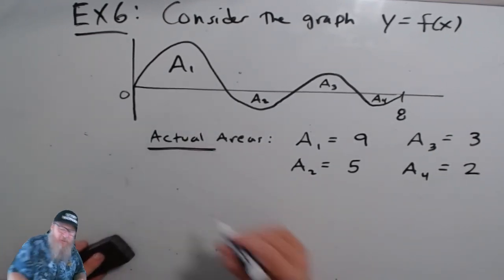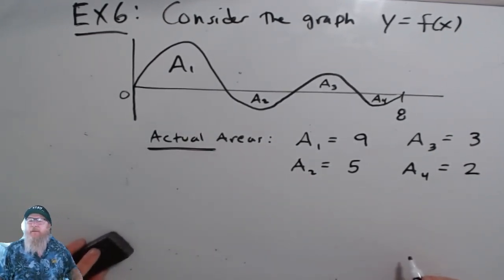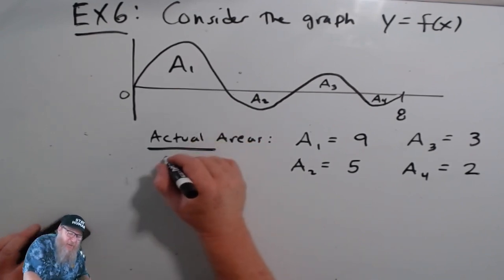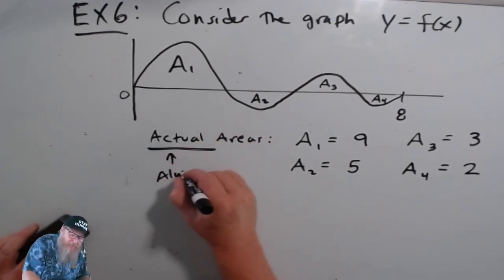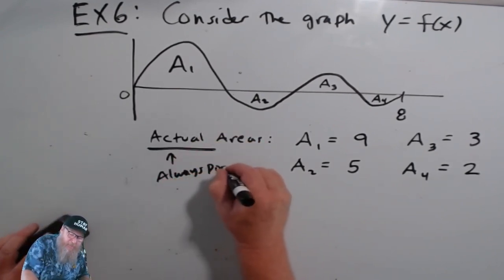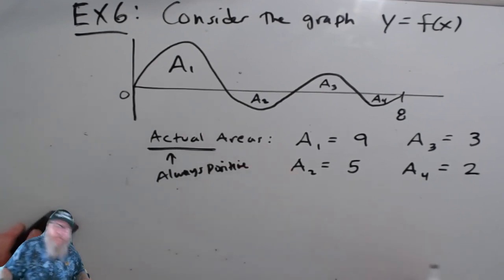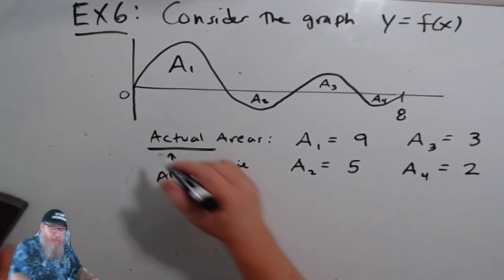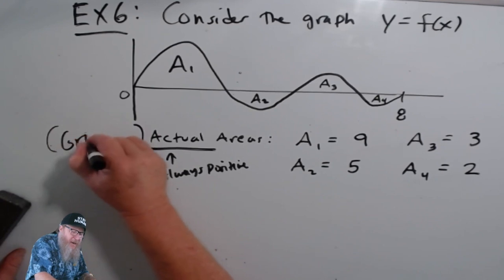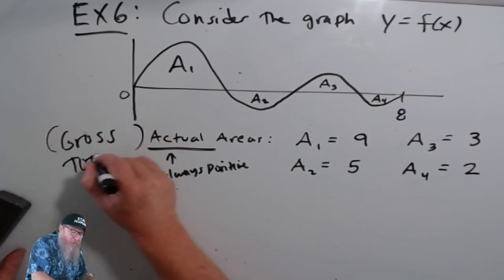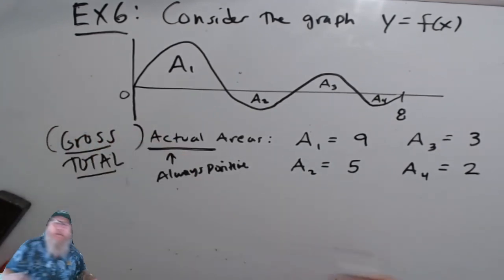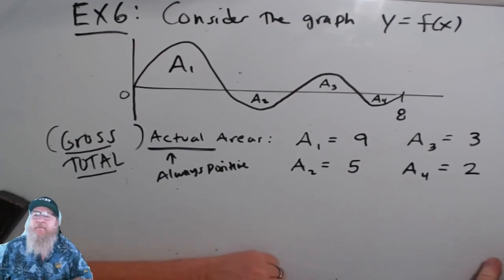Those are the actual areas. Actual area is always positive. Sometimes we call it gross area or total area. Those mean the same thing.